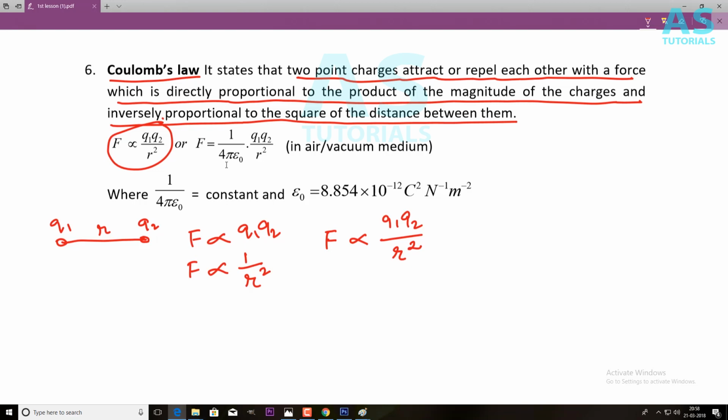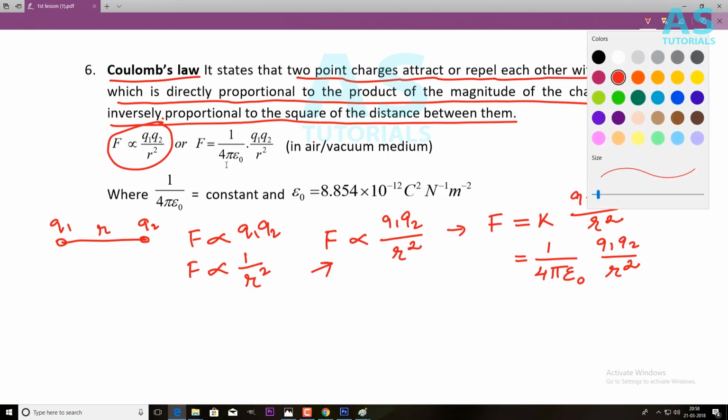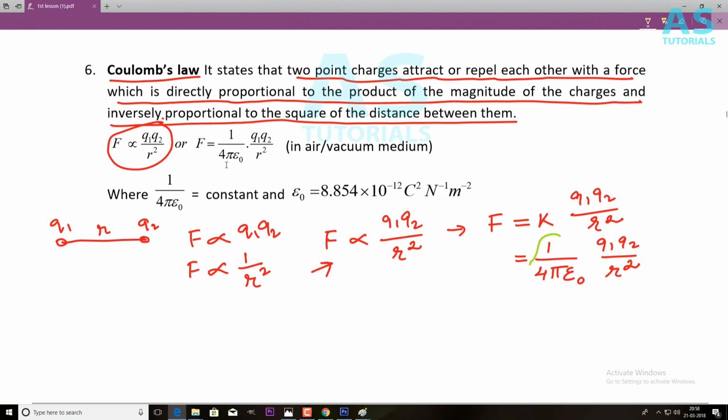So now coming back to this equation, you should get a constant here. F is equal to a constant K, Q1 Q2 divided by r square. And this constant K is equivalent to 1 divided by 4 pi epsilon naught. This whole term is equivalent to the constant K here.